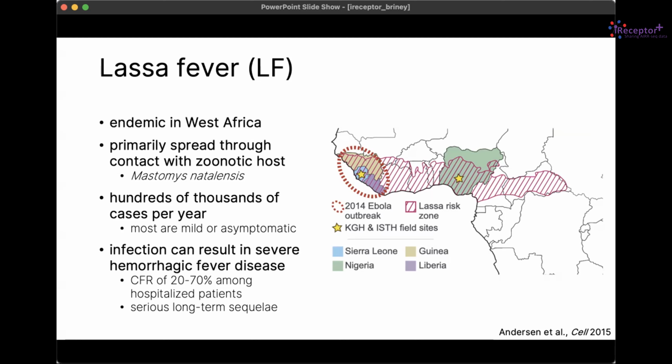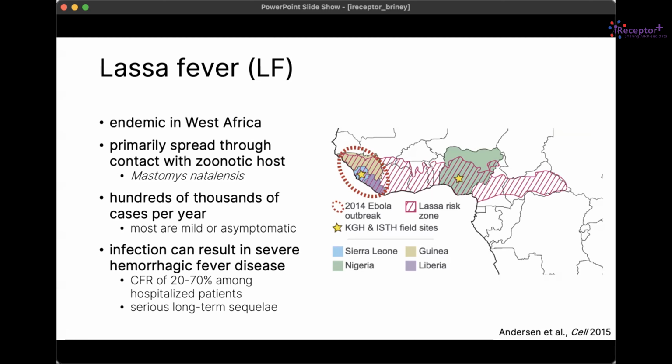In some cases, though, it's estimated at about 10% of cases, the disease gets much more severe. Among people who are sick enough with Lassa Fever to be admitted to a hospital, the case fatality rate can be quite high, 20 to 70%, depending on a number of factors, including location and resources that are accessible at the hospital.